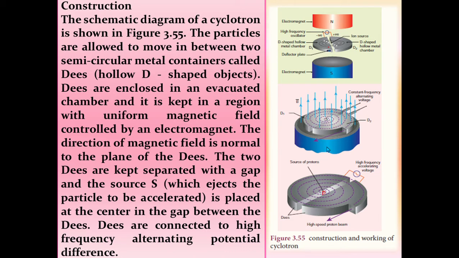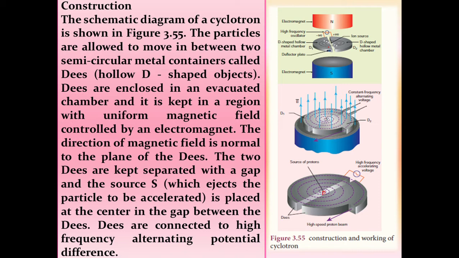The blue arrow indicates the direction of magnetic field, which is normal to the plane of the Ds, that means perpendicular direction of the magnetic field.